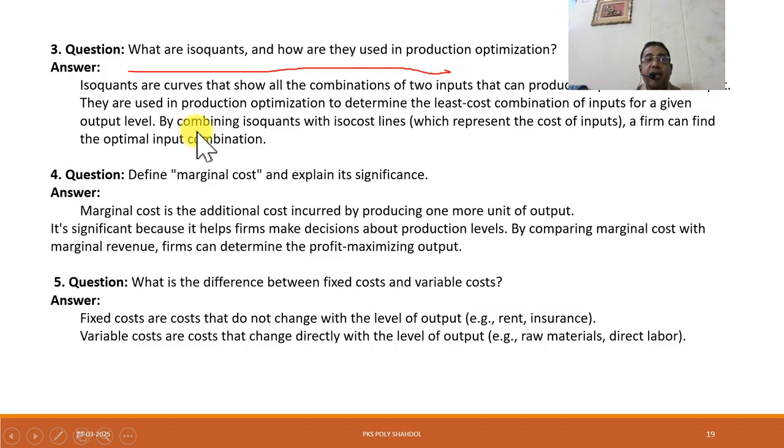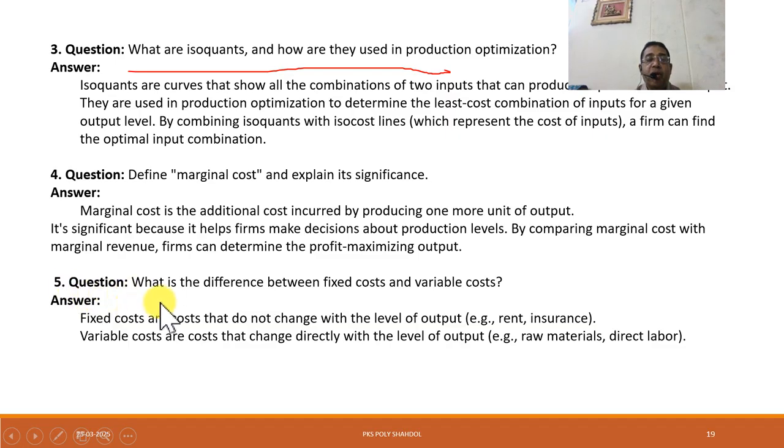By combining isoquants with isocost lines, which represent the cost of inputs, a firm can find the optimal input combination. Fourth question, define marginal cost and explain its significance. Marginal cost is the additional cost incurred by producing one more unit of output. It's significant because it helps a firm make decisions about production level. By comparing marginal cost with marginal revenue, a firm can determine the profit maximizing output.